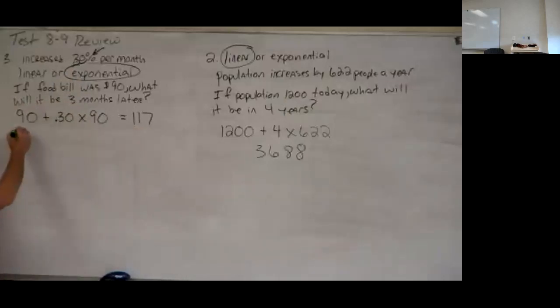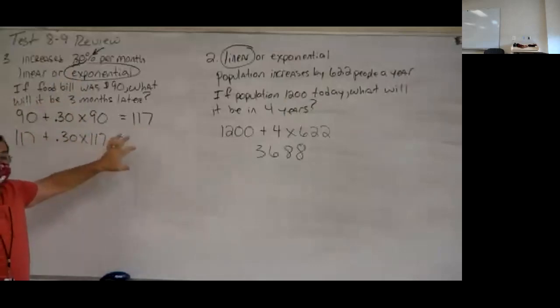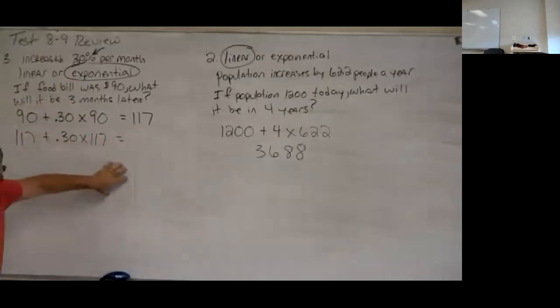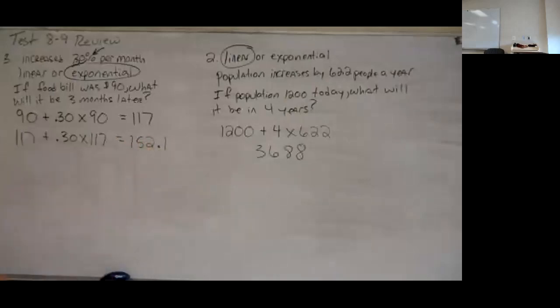So for my second month, I'm going to start with that 117 and add 30% of the 117 to get my new amount. Then I'll take that total and do it for my last month. So 30% of 117 added to 117 gave me 152.1 at that point.